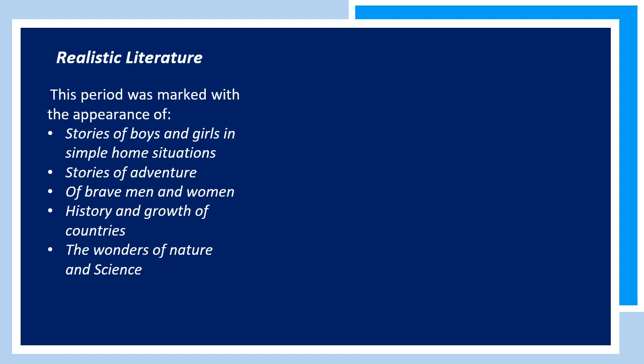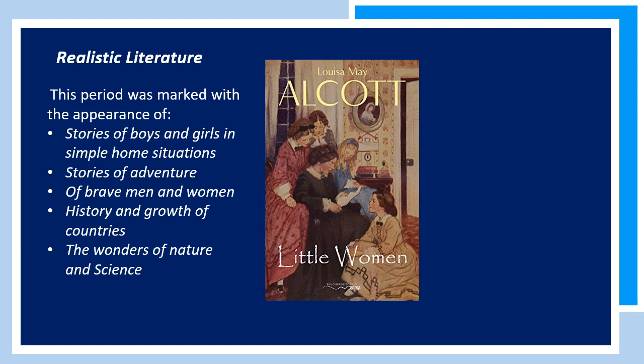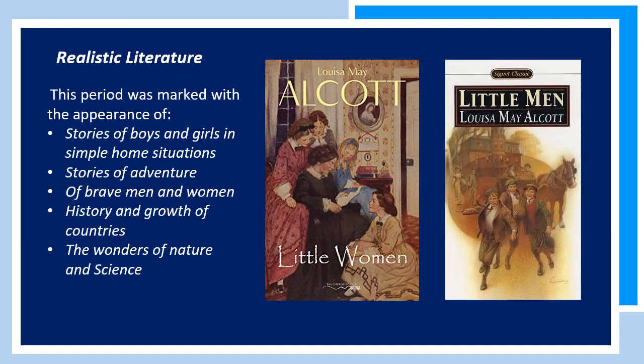The best example of a realistic story was Louisa M. Alcott's Little Women in 1868. This is a story of four little girls with their pretty quarrels and their courage and their affection for one another. This was followed by Little Men, which is the story of three little boys.